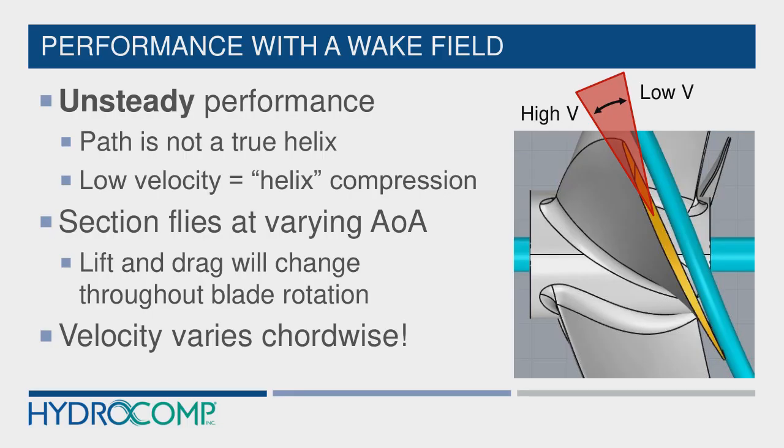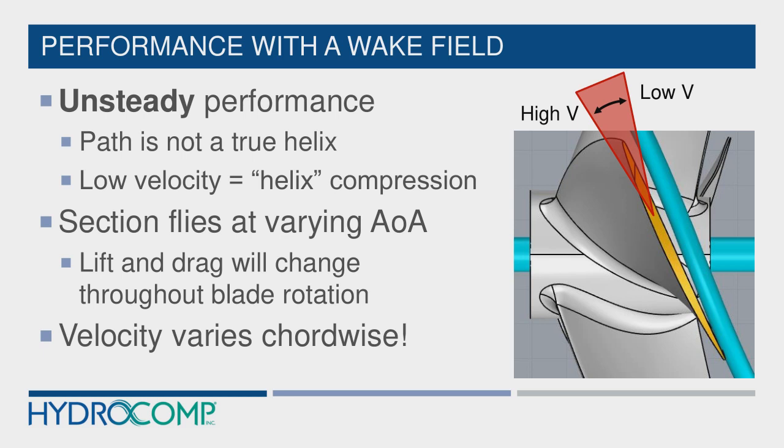When we get to unsteady performance, the path is no longer a true helix. It deviates from that mean steady helix. We can almost think of this as a helix segment, and I'm using this red band to illustrate a couple of points. If part of our velocity is slower, like the top dead center piece that we saw in the wake field, we can think of that as a compression of the helix. Higher velocity is a lengthening of the helix.